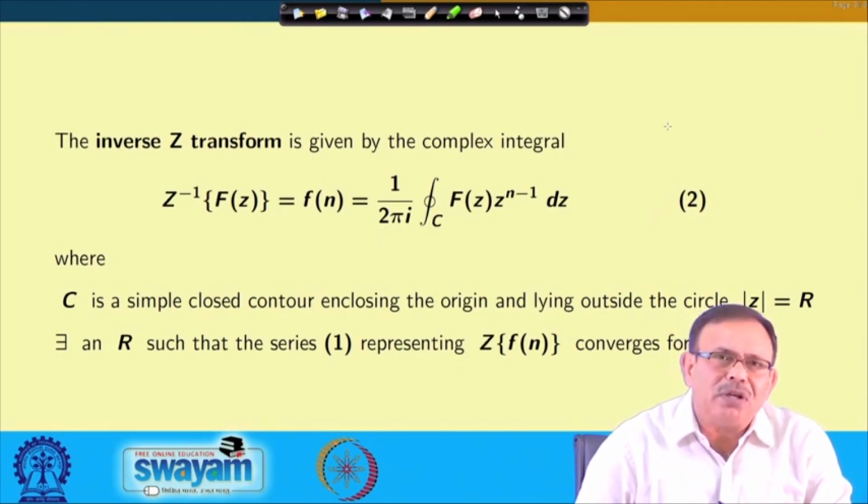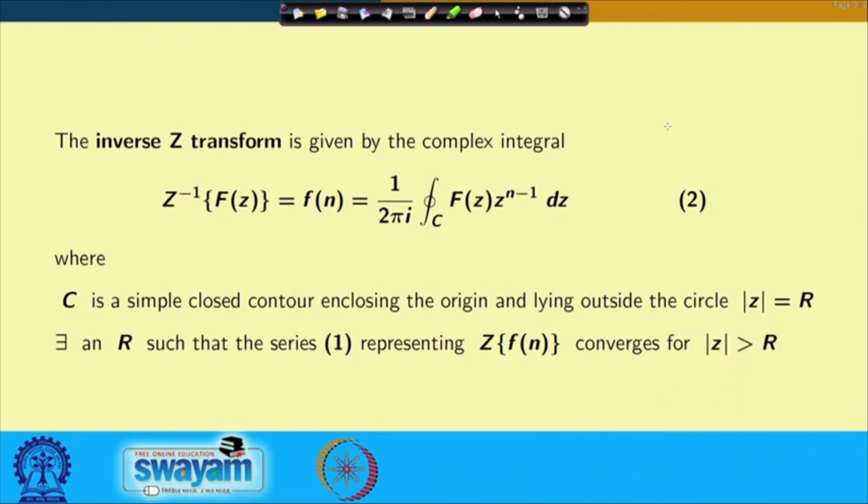Please note that the inverse z transform can also be found by evaluating the contour integral 1 by 2 pi i, contour integral over c of f z into z to the power n minus 1 into d z, where c is the simple closed contour enclosing the region and the origin and lying outside the circle modulus of z equals r.